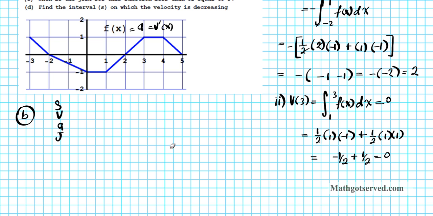To find the max, we want to look for where the function changes from increasing to decreasing. Okay, that's where you have your maximum located. Remember, the sign of f prime tells you the direction of f.